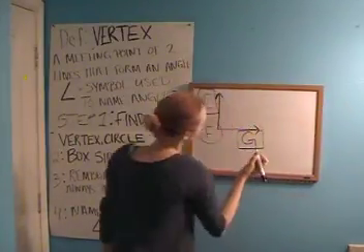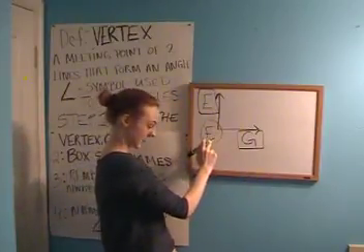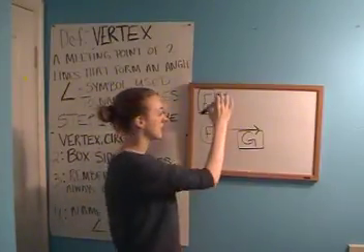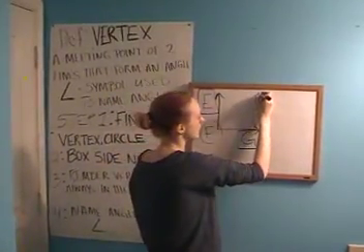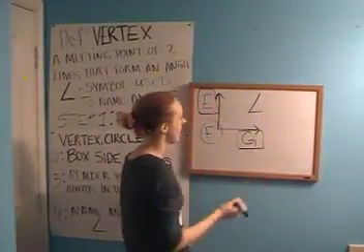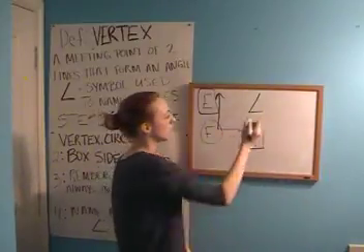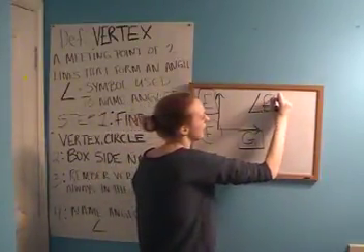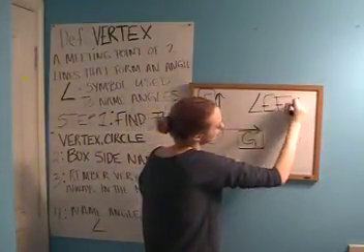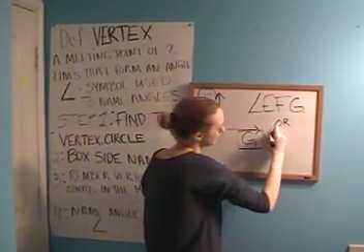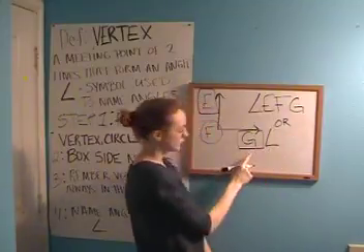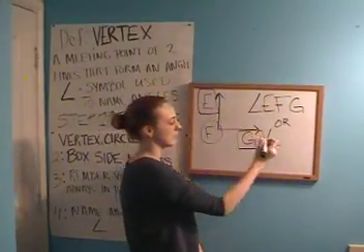When we remember that the vertex is always in the middle, it doesn't matter which side name comes first. So this angle could either be, with our symbol, angle EFG, or it can be named angle GFE.